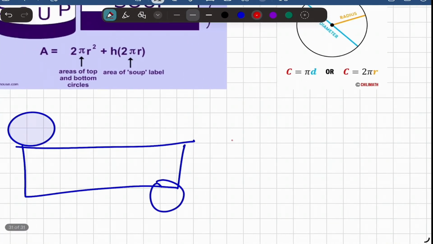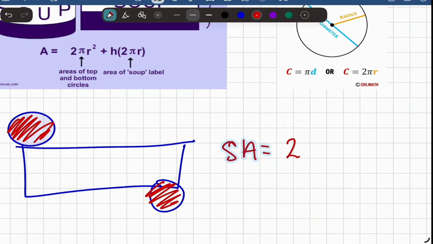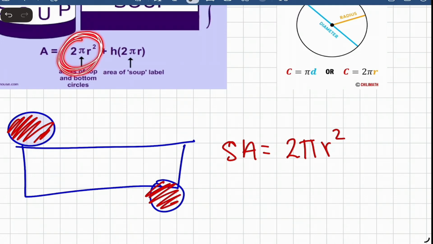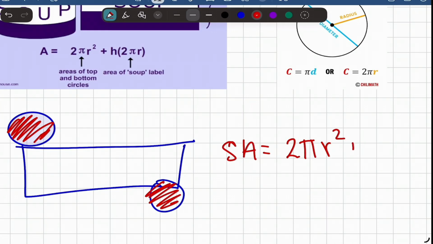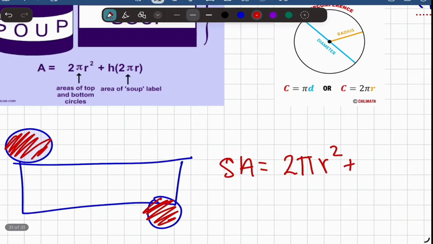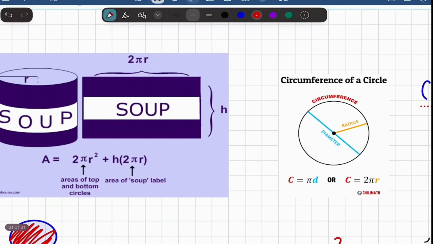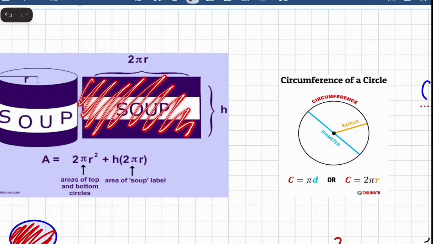If we want to find the surface area, we need this circle plus this one, so we have 2 times pi radius squared. This is this section of the formula. Plus what? What is this rectangle? We need plus this area.